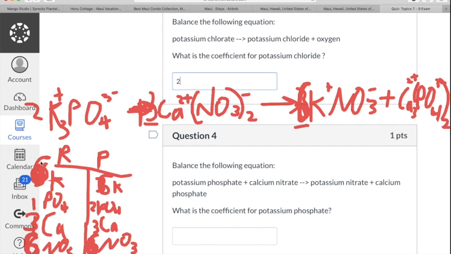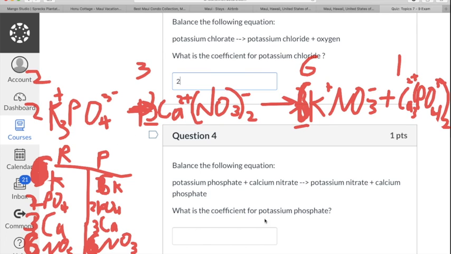Use your imagination. That's a 6. That's a 6. So now I have 2 PO4s here, 2 PO4s there, 3366. Yay, everything worked out. So that's a 2, a 3, a 6, and that's just still a 1.